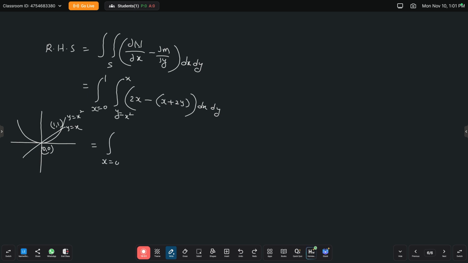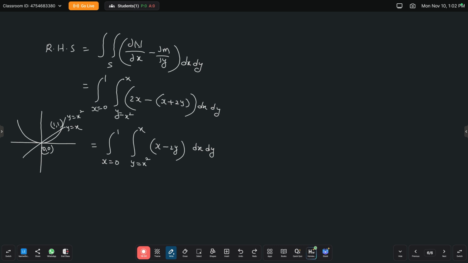x is from 0 to 1. y is equal to x squared to x. Simplify this expression: 2x minus x is x, minus 2y, dx dy. First we have to solve this double integration. First you evaluate the y terms, then you go to the x terms.